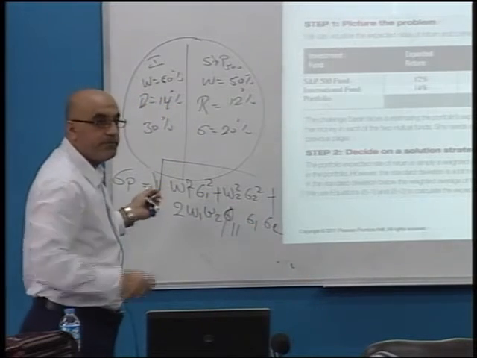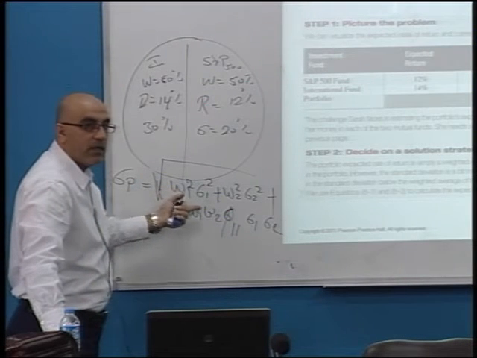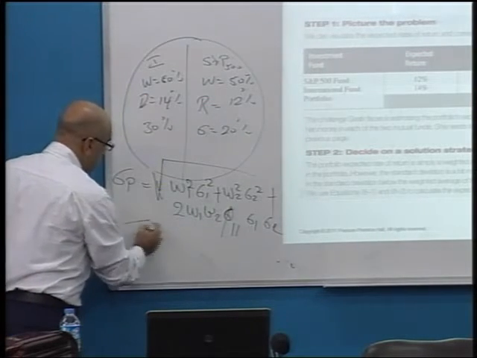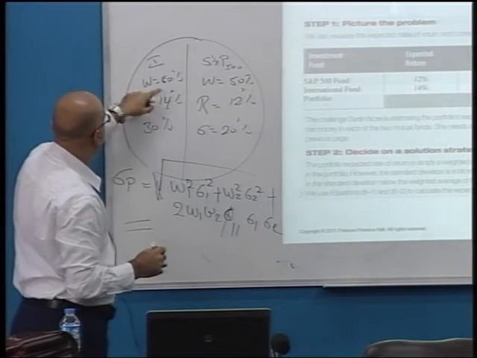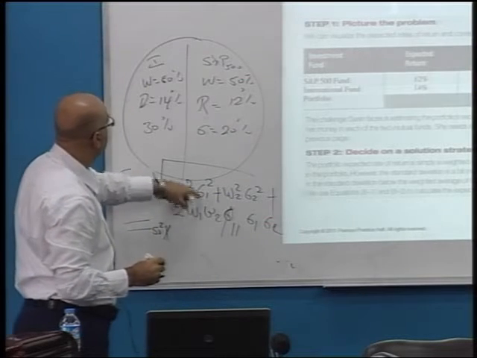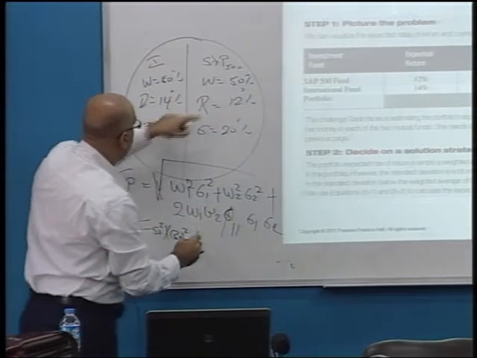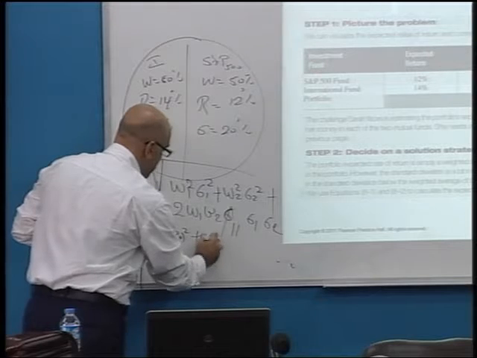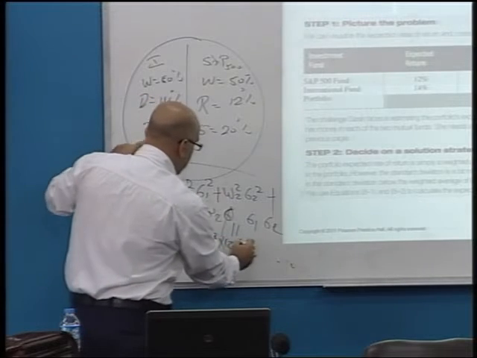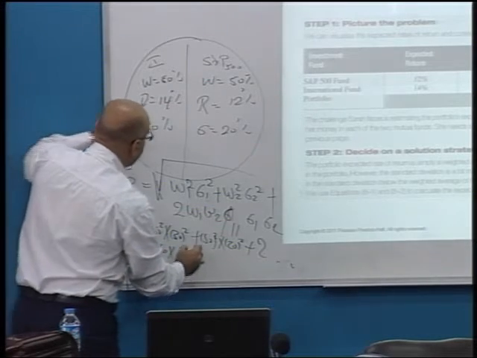Okay, so now the sigma P, the sigma of the portfolio, is like this. To apply this equation, it's equal W1 squared, 50 squared, times sigma 1 squared, 30% squared, plus W2 squared, 50 squared, times sigma 2 squared, 20 squared, plus 2 times W1 50 times 50 times the rho.